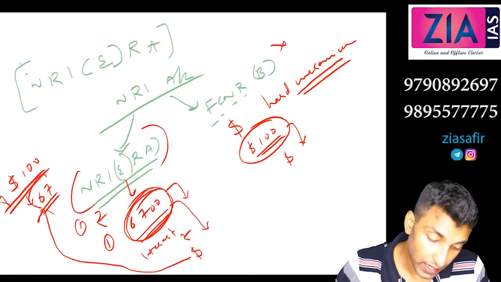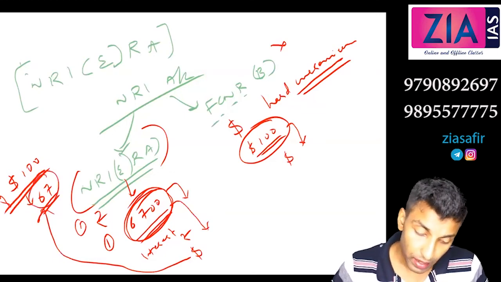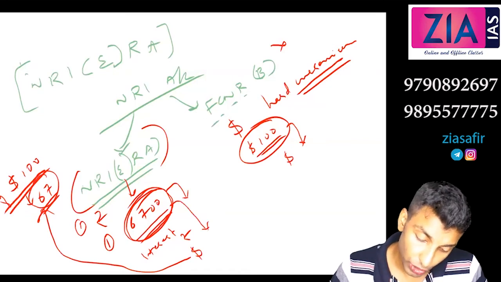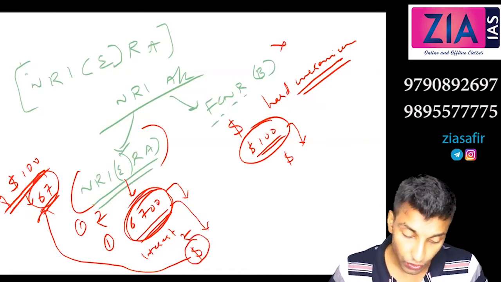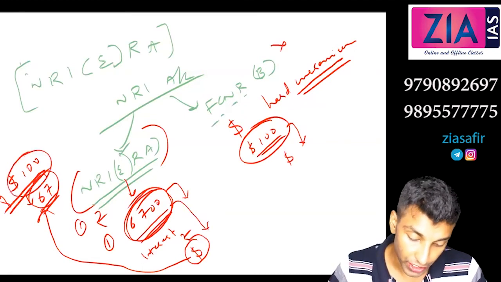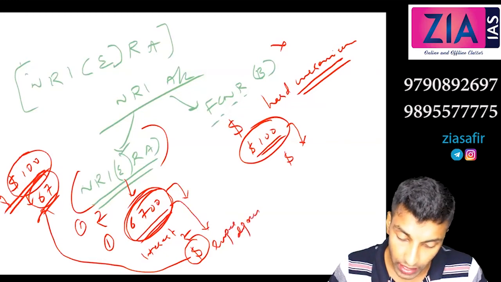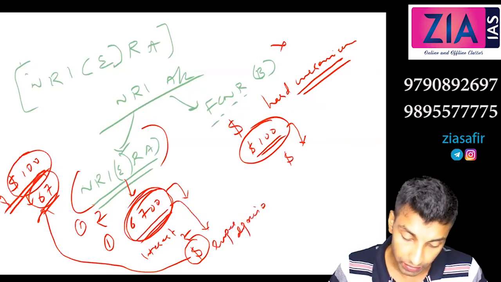When he deposited, it was 67. Now he can withdraw in terms of dollars. Let's say he deposited $100. Now imagine the rupee depreciates. Will he get more than 100 or less than 100?